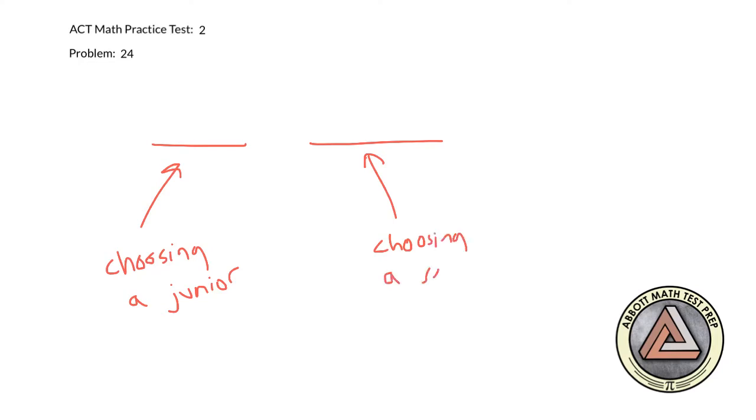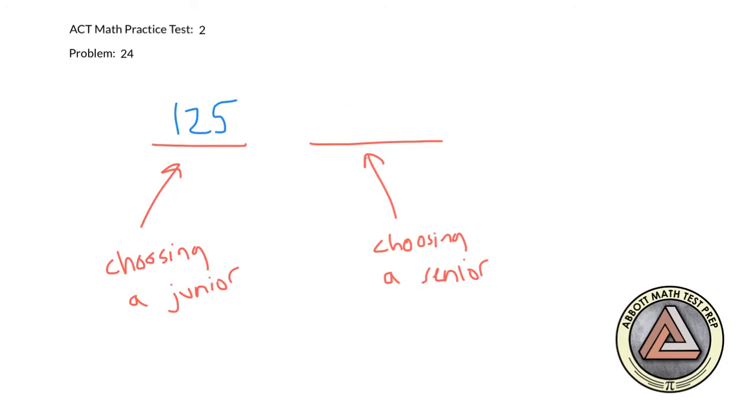Now, the fundamental counting principle says that if you want to know how many possible combinations of choosing a junior and choosing a senior you can make, you just take a look at each underline and ask yourself, how many possibilities are there? How many possible choices are there for this first underline? In this case, when it comes to juniors, it's going to be 125 possibilities.